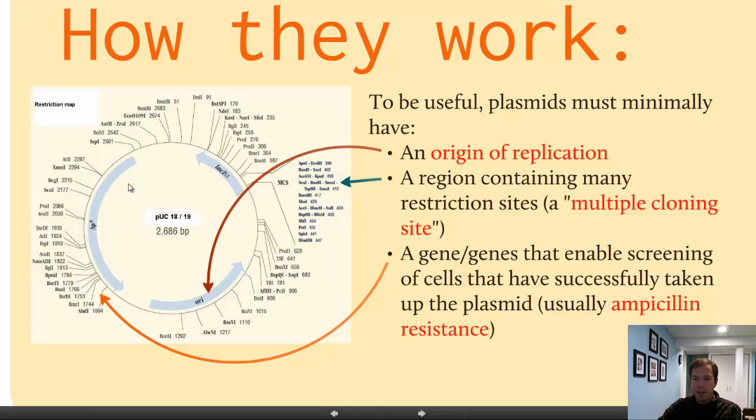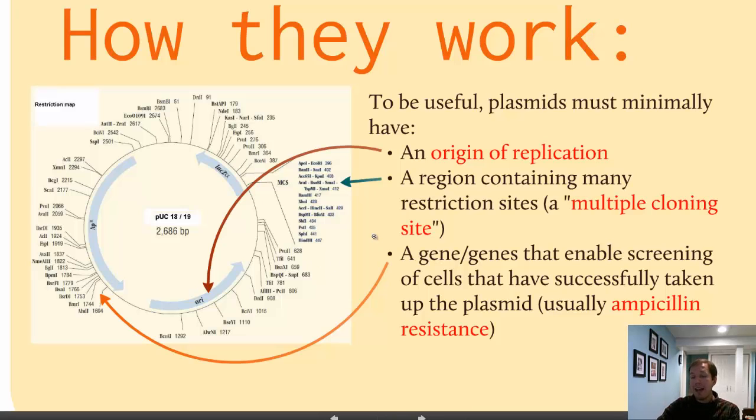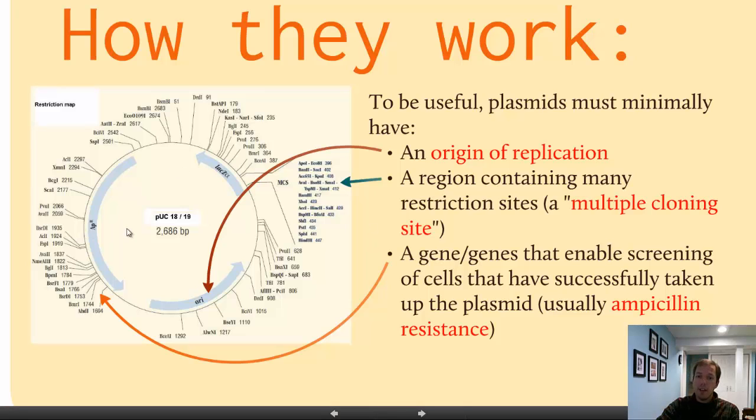If you see here on the left, we have a sequence of genes that will give the bacteria cell ampicillin resistance, so that if we take some bacteria that are not resistant, we insert this plasmid, only those that are able to grow in the presence of ampicillin will thus have the plasmid, and so we know that those are the bacteria that will be capable of producing our genes of interest.